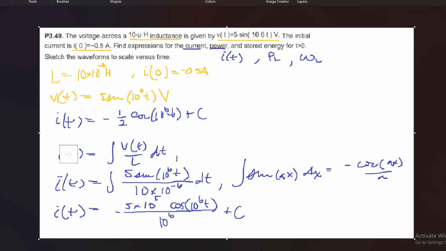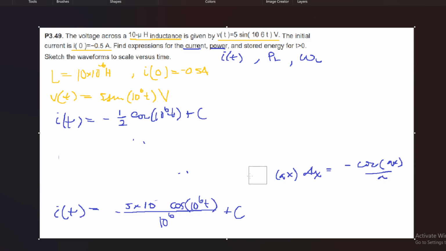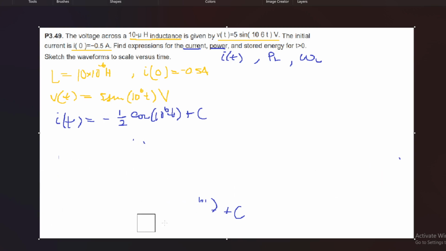All right, perfect. So now that we're given that, we can solve for the c by doing I of 0 is equal to negative 0.5 amps. And then when we plug it in, we can just do negative 0.5 equals, actually I can rewrite this too.